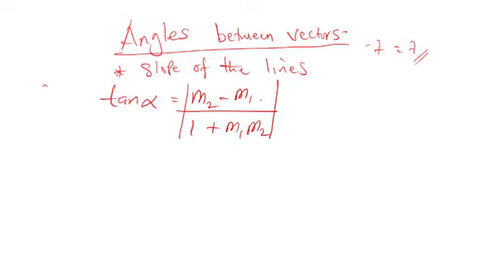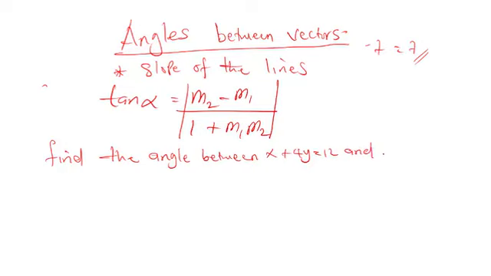Let us just try one question under this. Let's say find the angle between x plus 4y equals 12 and y minus 2x plus 6 equals 0.